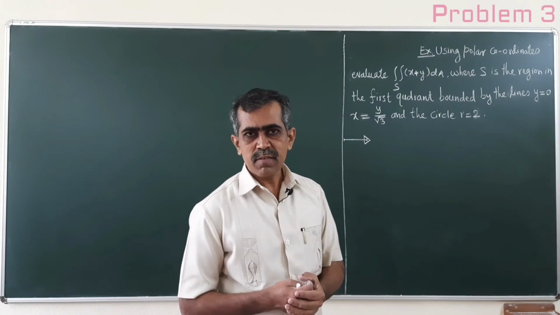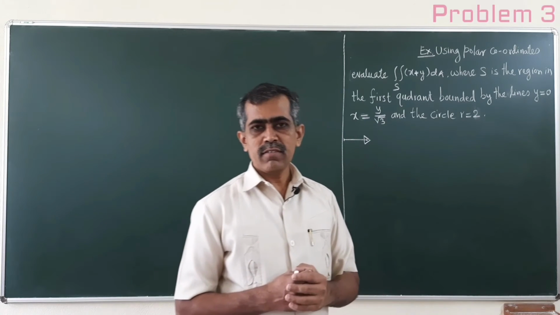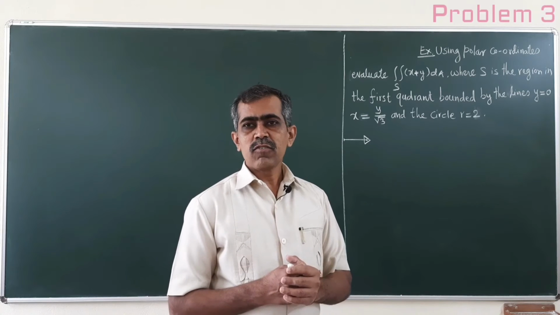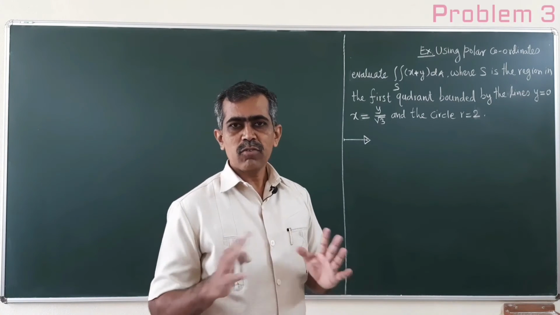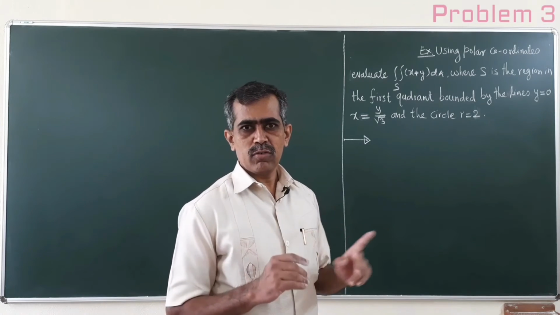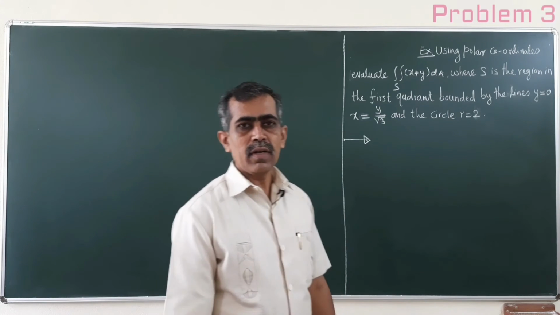r is equal to 2 means x square plus y square is equal to radius square, that is x square plus y square is equal to 4. So this is what the given integral is.